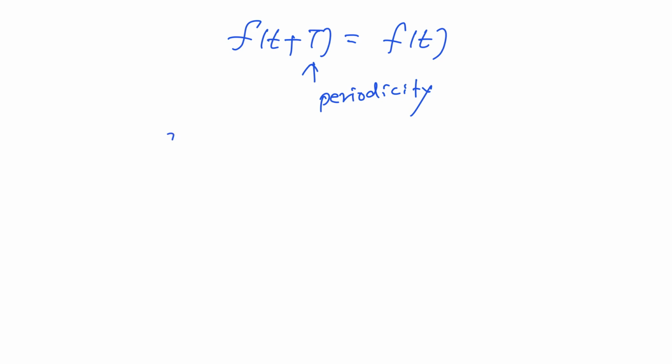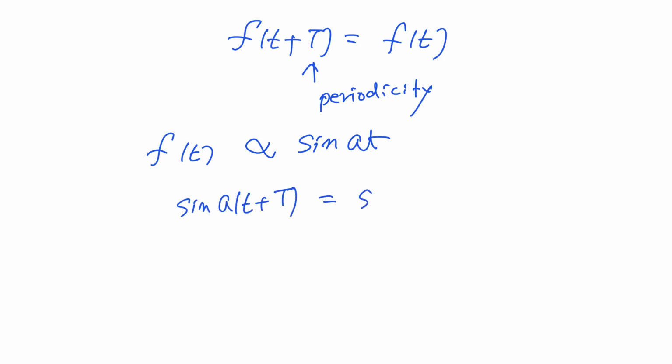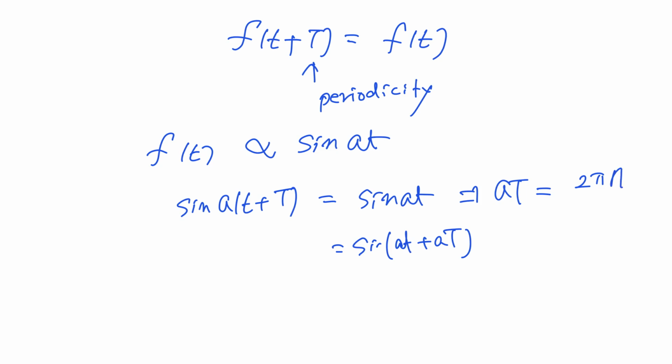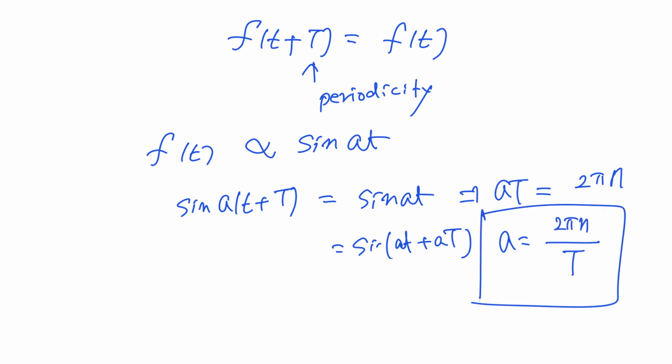So assuming that f(t) can be represented by sine at, then sine a(t plus T) is supposed to be sine at. So that means sine(at plus aT), so aT must be 2 pi n. So a can be 2 pi n over T, right?